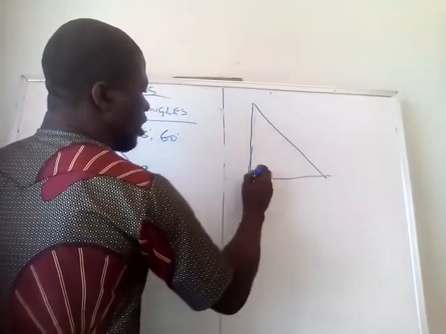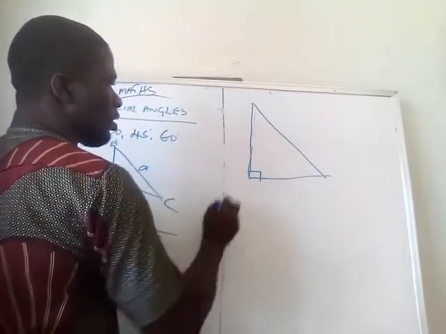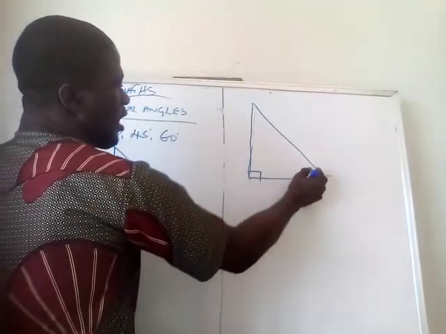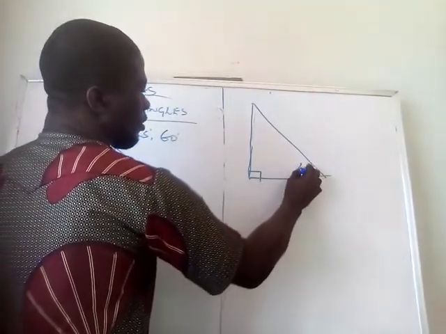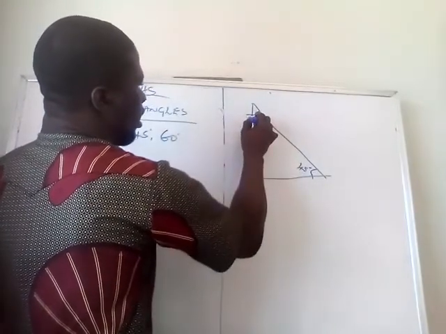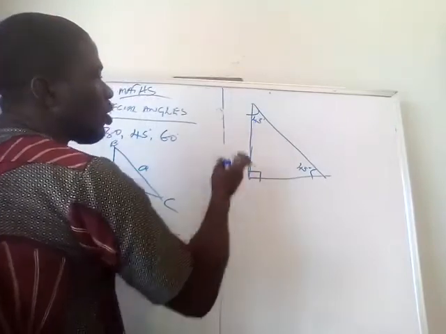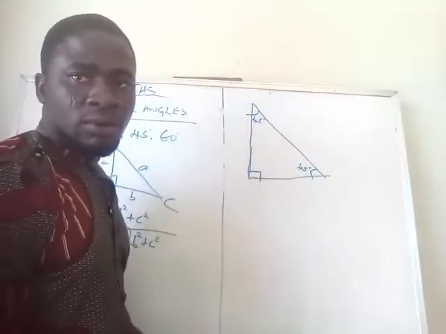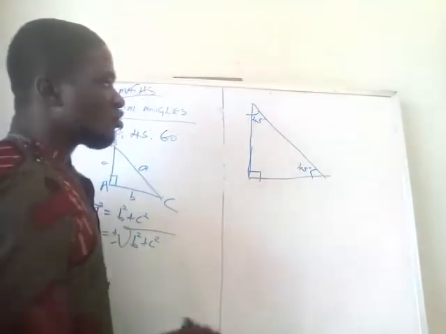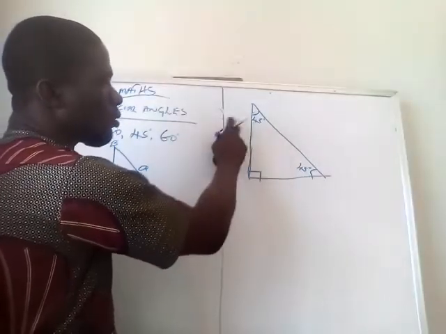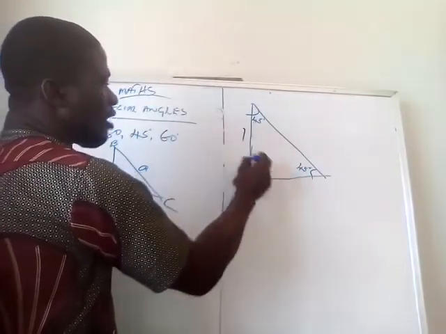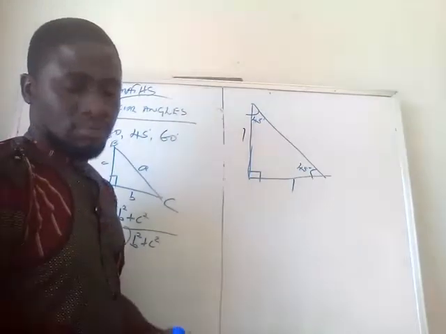You know, this is 90 and here is 45 degrees, and here is 45 degrees. It can also be called an isosceles triangle. It is an isosceles triangle because the two sides are equal. You have this, you have this.